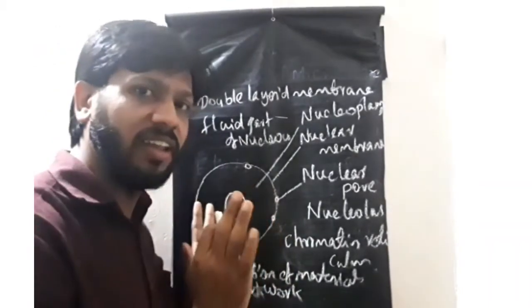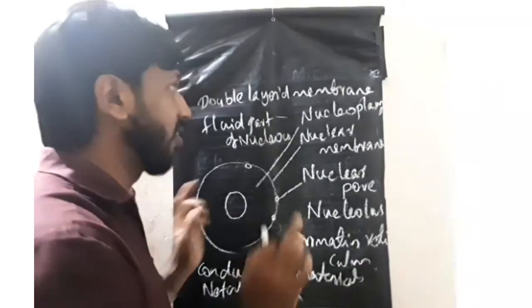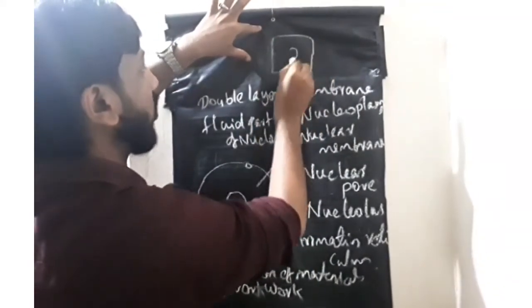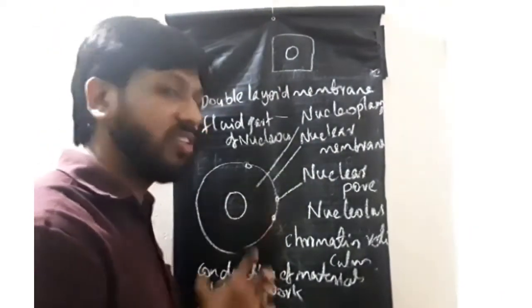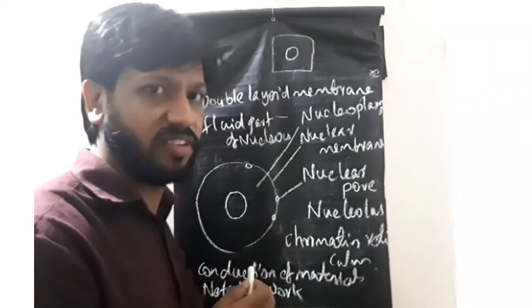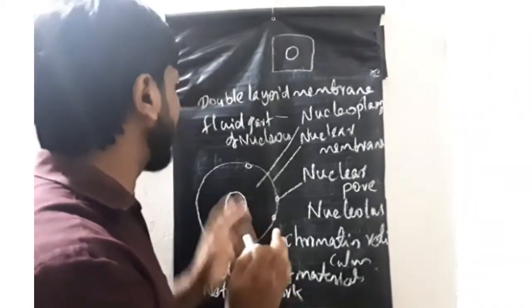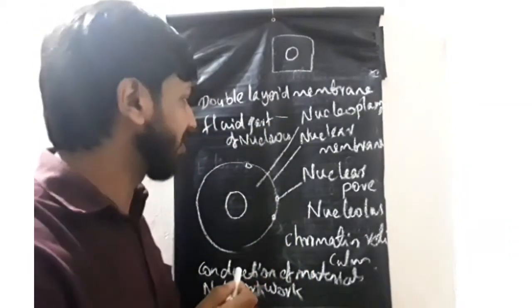When we discuss the structure of a nucleus, outside you can see the cell structure, and inside, at the center, is the nucleus. What are the important parts of a nucleus that we can discuss?